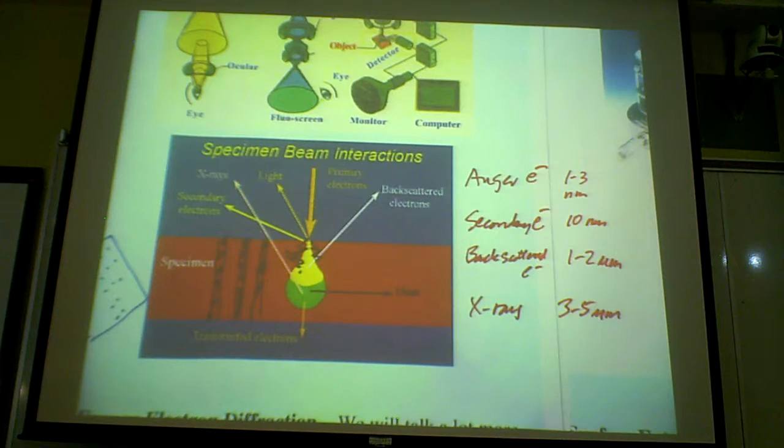Okay. And also of course in the case of detection, the secondary electron is a slow-moving electron. So the detection technology will be different. What you need to do is essentially catch the secondary electron.